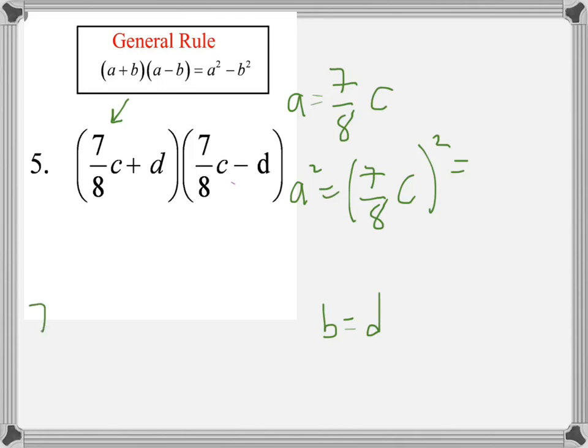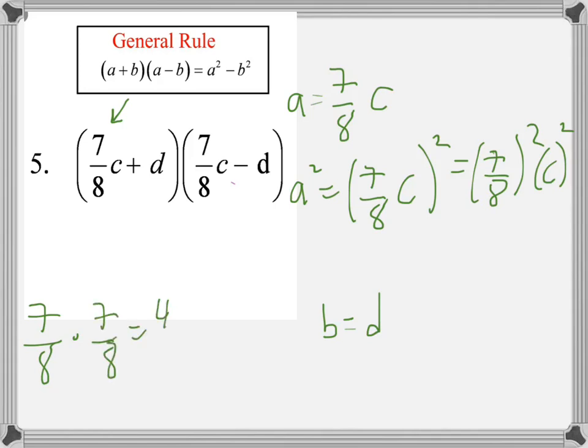Let's just do 7/8 squared times C squared. Well, 7/8 squared is 7/8 times 7/8, which is 49/64. So we have 49 over 64, and then C squared is C squared.